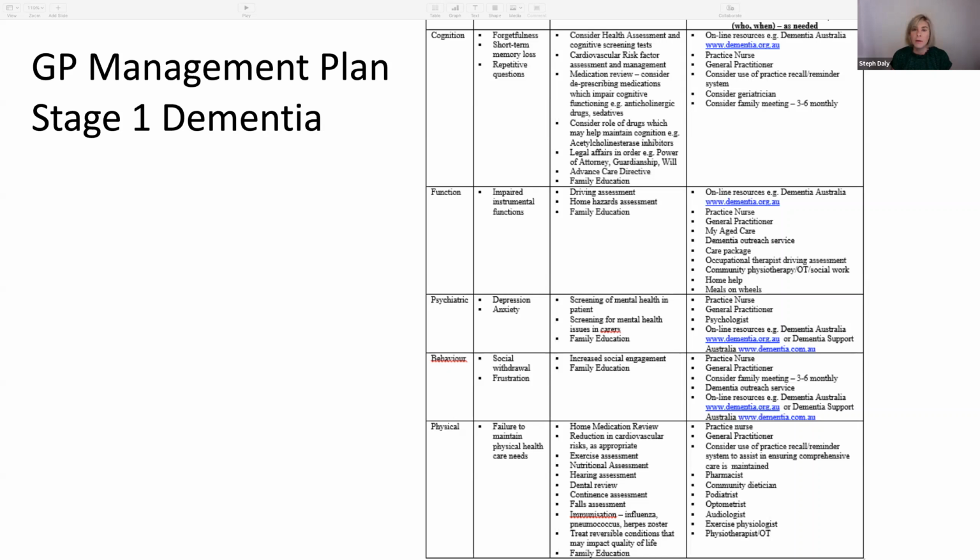Another thing that you might want to consider at this time is also something called cognitive rehabilitation. Now, it's not really offered in primary care, but it might be something that you could seek out or at least let the patients know about. And it's where you do computerized brain training, if you like. Now, there are some particular ones which have evidence behind them, but many apps are available.